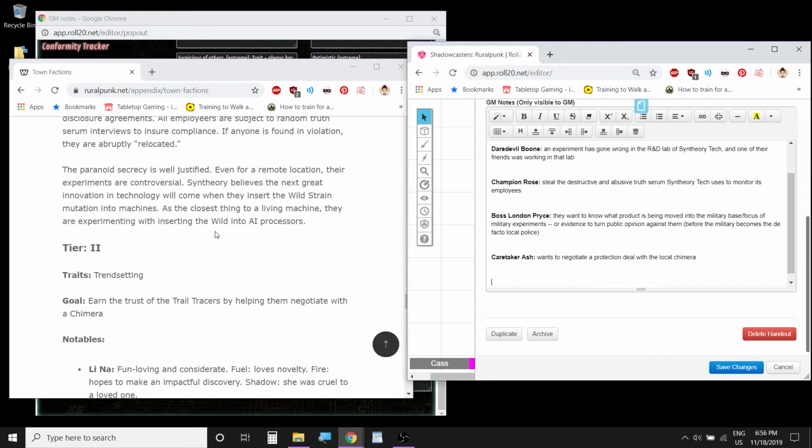So I think that's what Ash wants. Ash has this vision of getting this AI and this technology, but they also want to negotiate a deal with the local chimera to sort of protect them from the wild coming in.